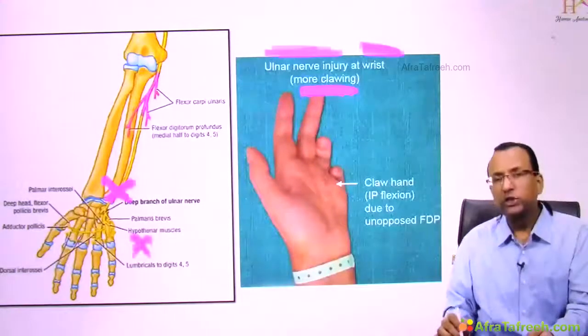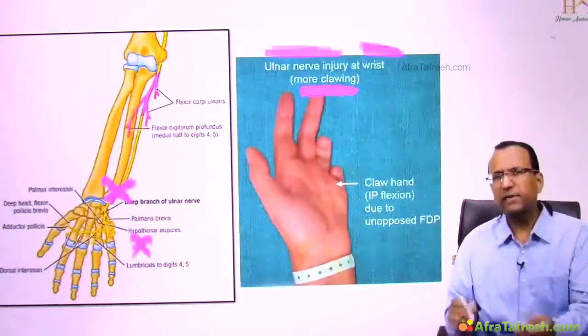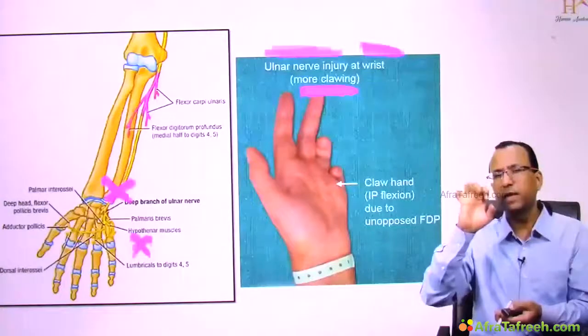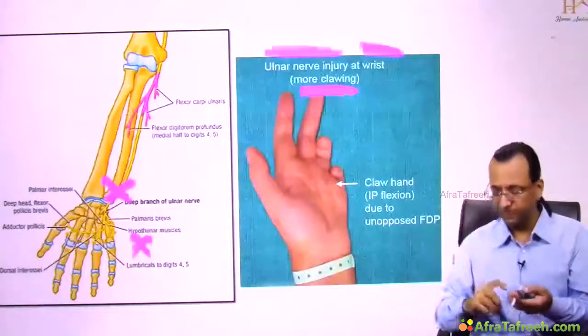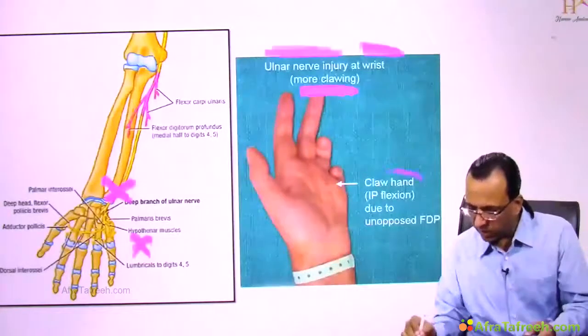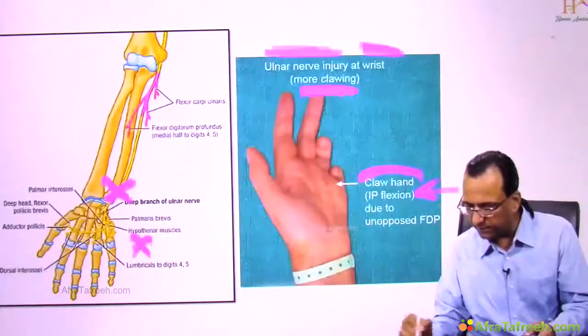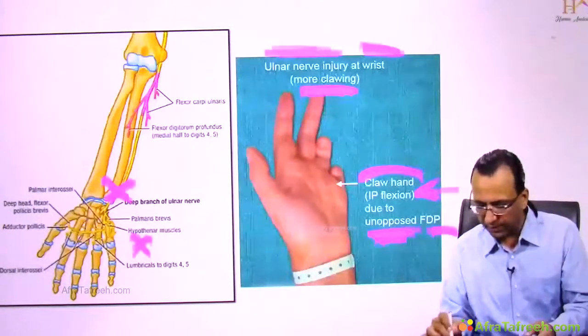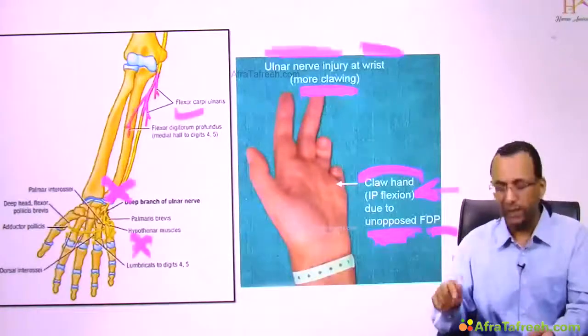Yes. So why was there finger flexion? Because the FDP is working. Yeah, that is why. So there is claw hand because IP flexion is done by the unopposed FDP. It is working. So FDP is still working. Yes, that is why. Understand?